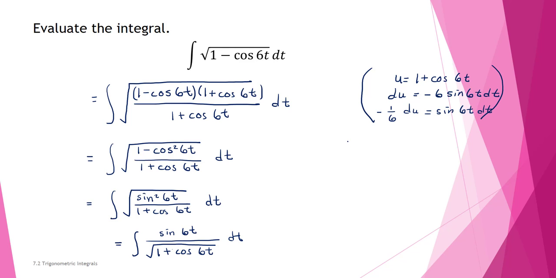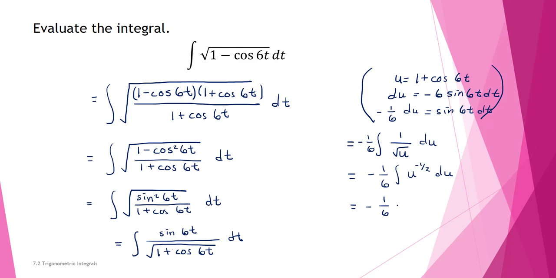So the integral we have is equivalent to the integral of 1 over the square root of u, and the sine 6t dt gives us a negative 1/6 du. Or in other words, negative 1/6 times the integral of u to the negative 1/2 du. And now we can use the power rule.